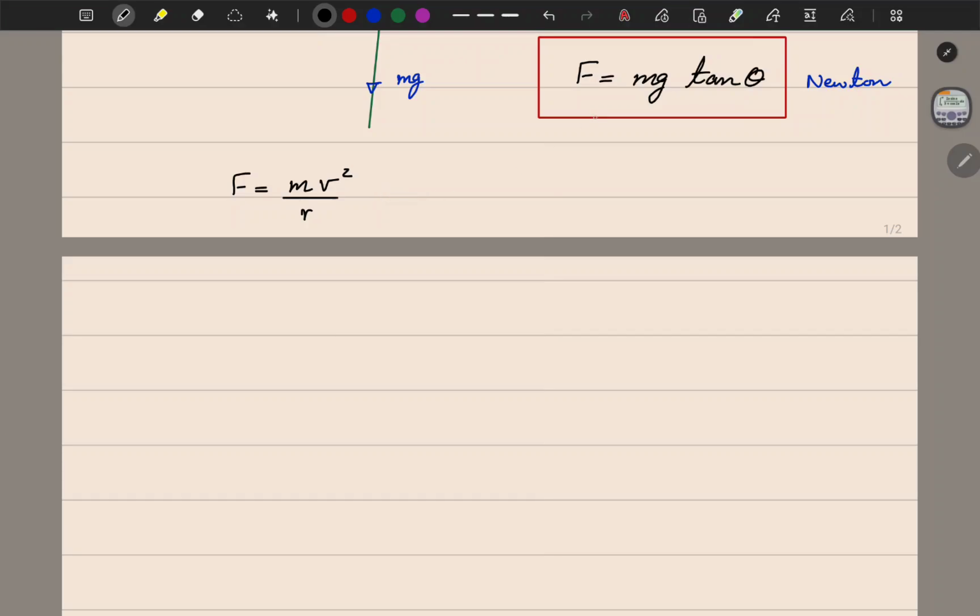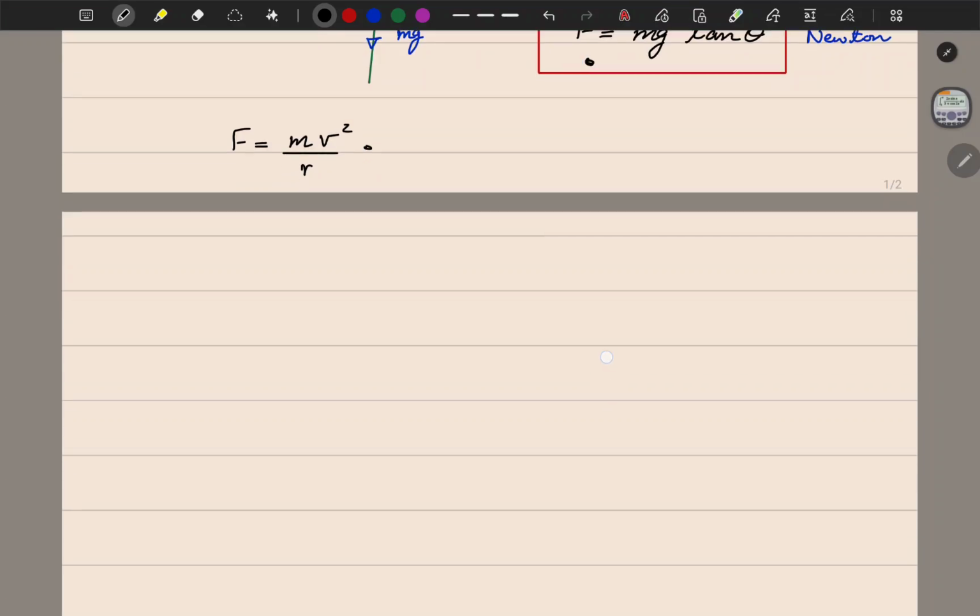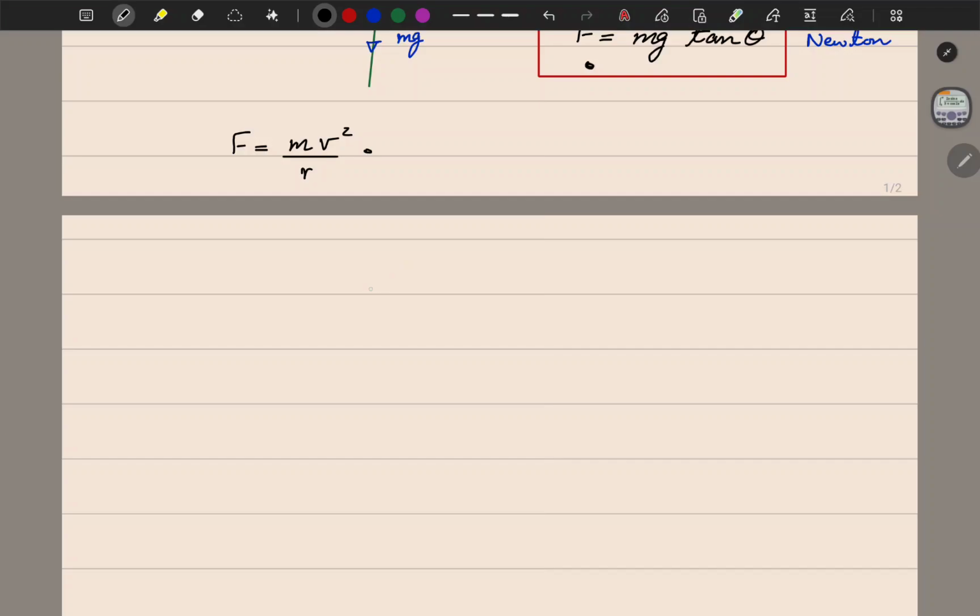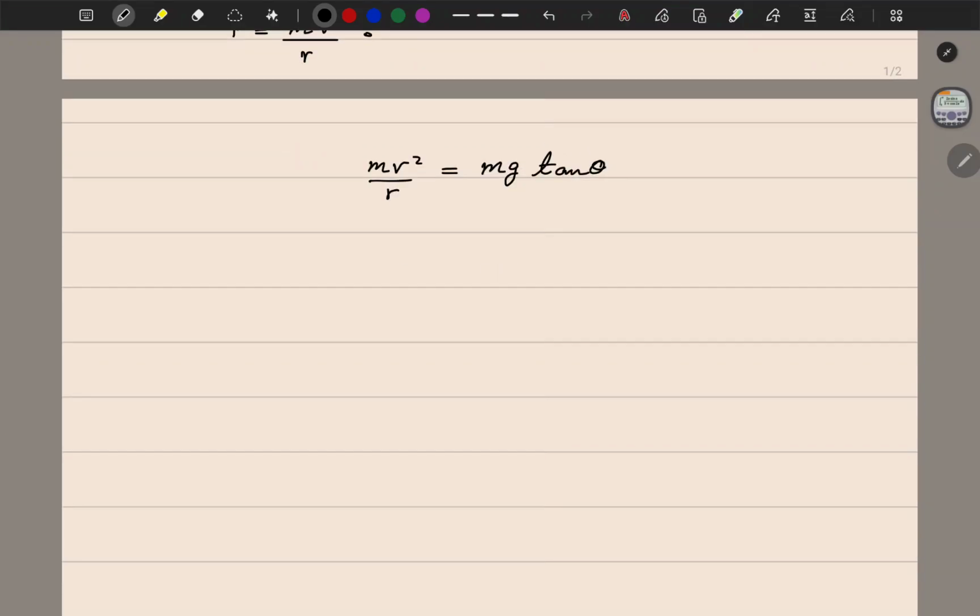So if we combine this law with this formula, we'll find that mv squared divided by r equals mg tan theta, and we can solve for v squared by multiplying both sides by r over m, and m divided by m equals 1.